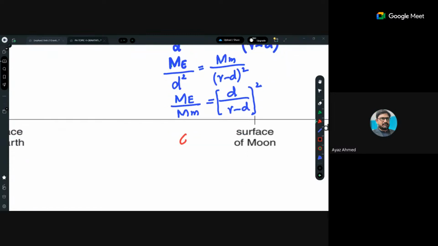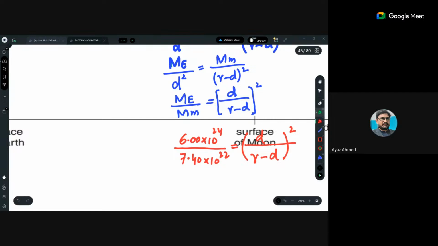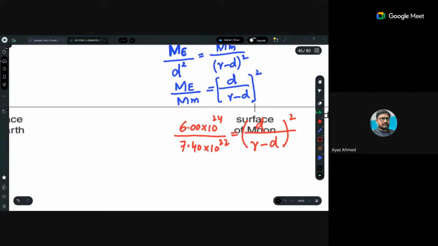So mass of the earth is 6.00 into 10 raised to power 24. Mass of the moon is 7.40 into 10 raised to power 22, and d is unknown, and the separation between these I am writing as r minus d, just for a reason. I will take the square root and make this separate.